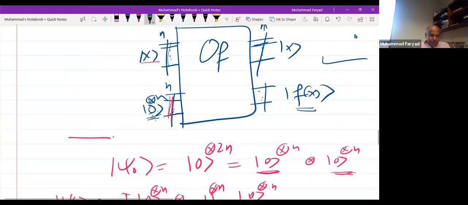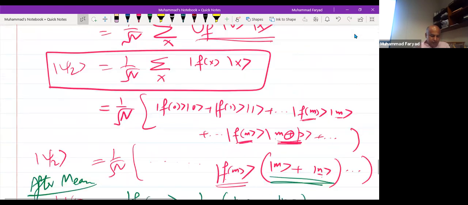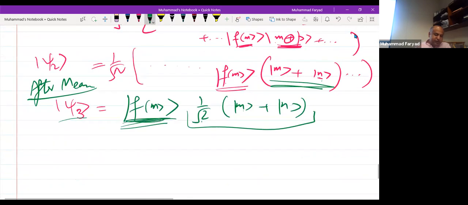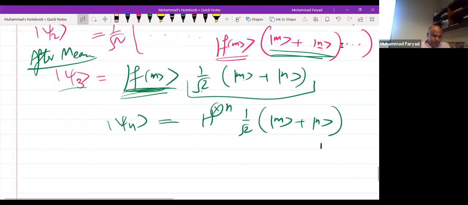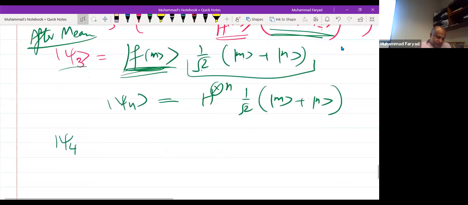So psi4, and since this register is measured anyway, let's just forget this one and keep our eyes on this one. So this is nothing but the n-bit Hadamard applied to these states, and I can now write 1 over square root 2 times the Hadamard applied to m.